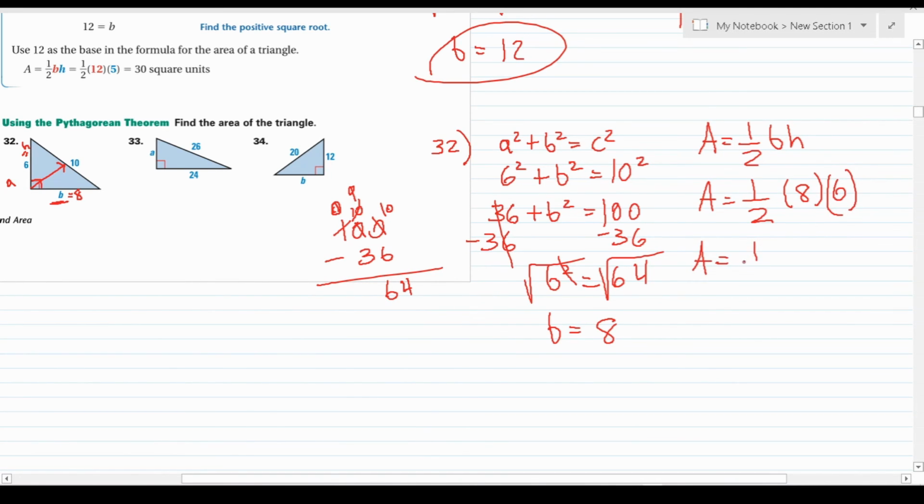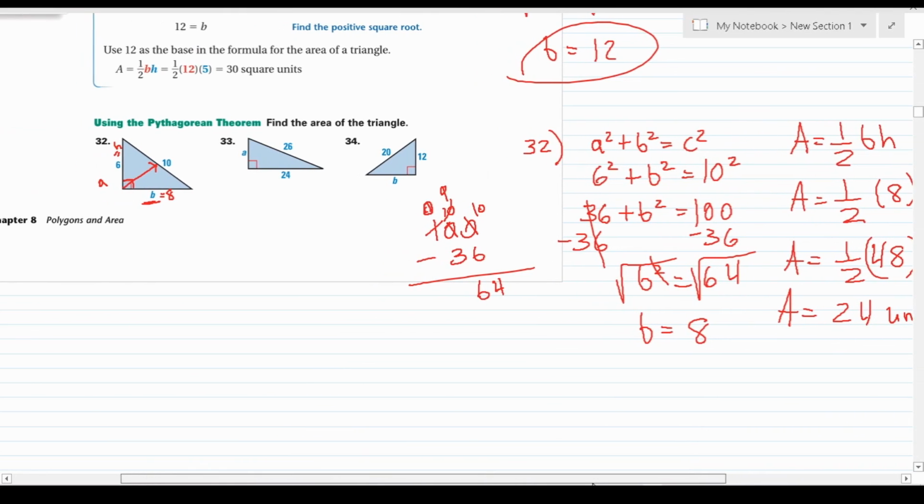Area equals 1/2 times 8 times 6, which is, let's think about that one for a second, 48. Area equals half of 48, which is going to be 24. So the area in this one is going to be just 24 units squared.